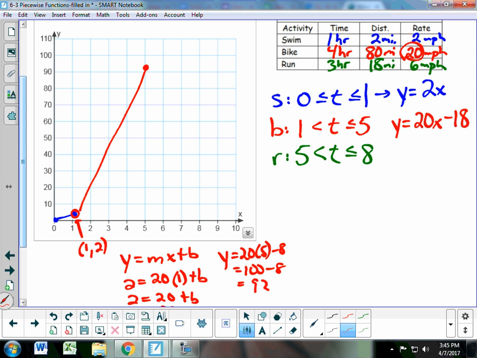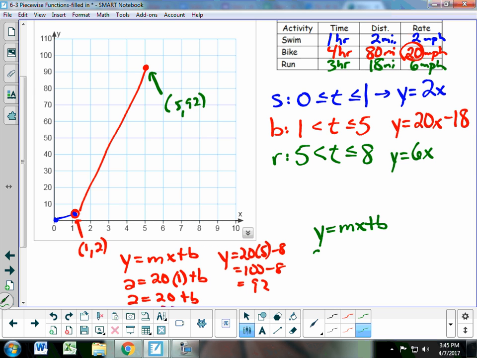Okay. And now for the green one, we know the slope is going to be 6 for this one because it's 6 miles per hour. Now we need to figure out our y-intercept, just like we did over here. This point is the point 5, 92. So we can do the same thing, y equals mx plus b.